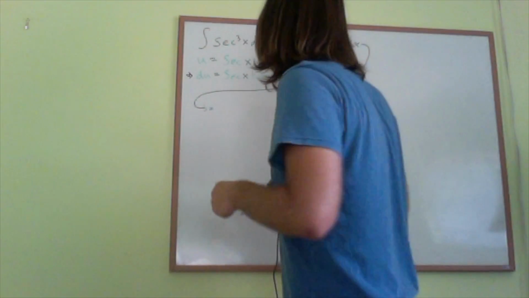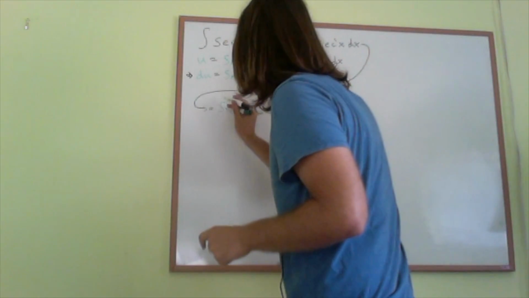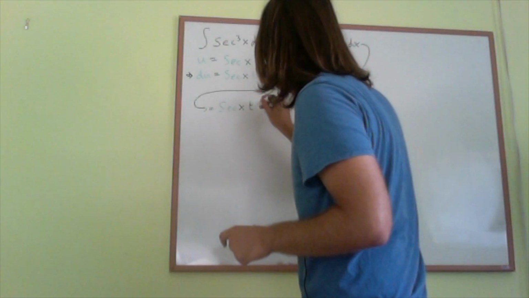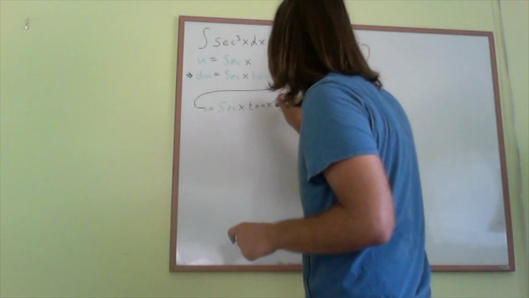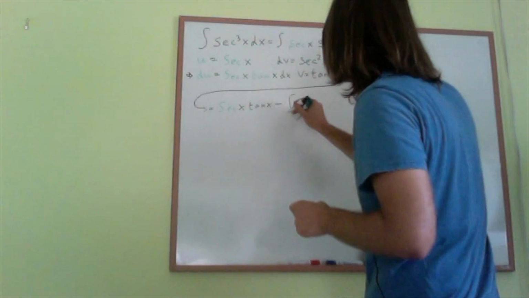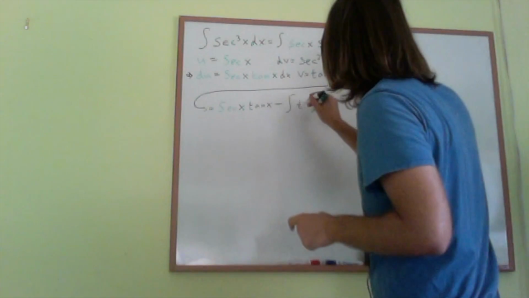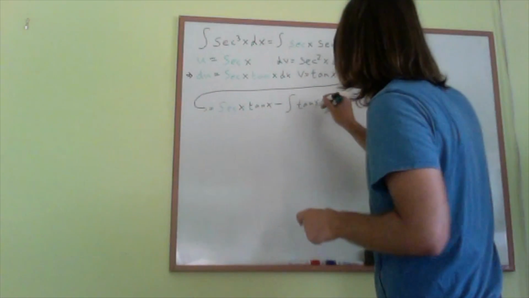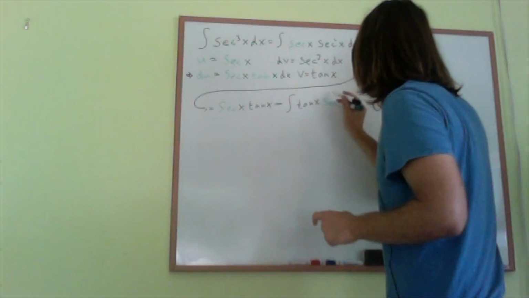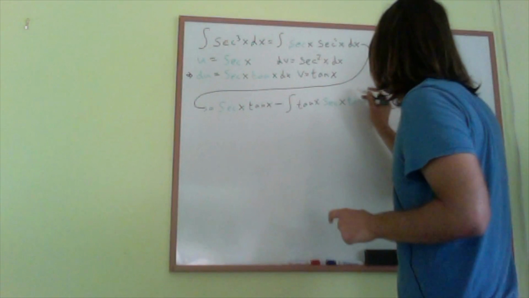Okay, so this guy here becomes uv, which is going to be secant x tangent x minus the integral of v tangent x du, which is secant x tangent x dx.